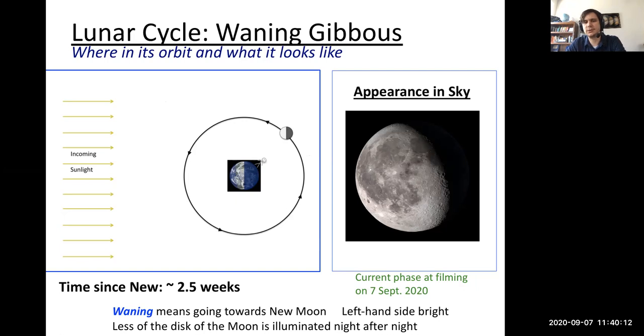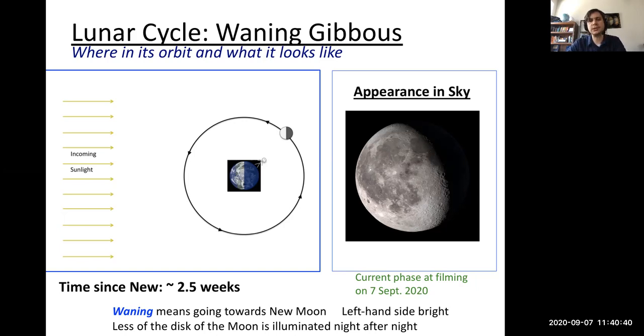That gets us to roughly 9 p.m. Adjust for daylight savings time. Around 10 p.m. is when I would expect the waning gibbous to be rising. We're not exactly at this geometry. It's a little bit over this away instead. So right now, if you go outside, the waning gibbous moon is rising around 11 p.m. Just in case you want to go outside this week and check it out.